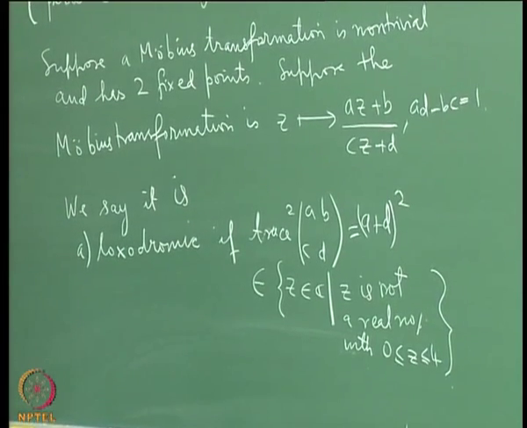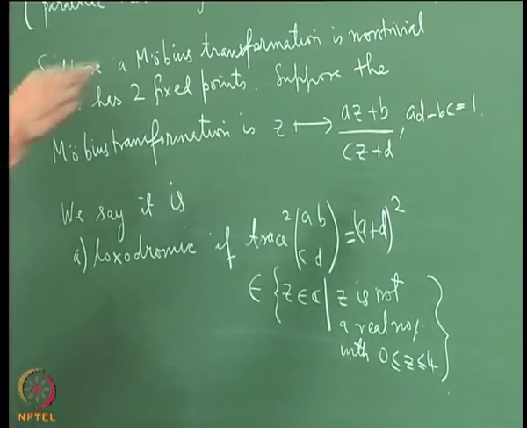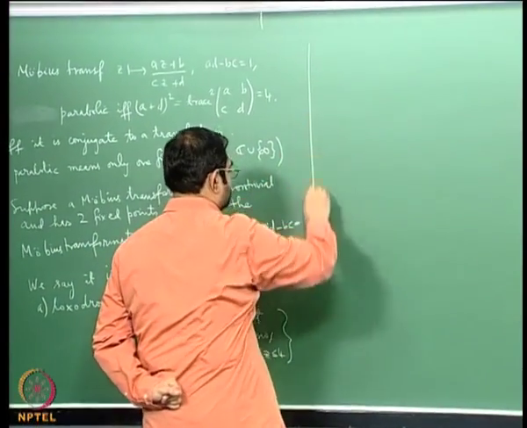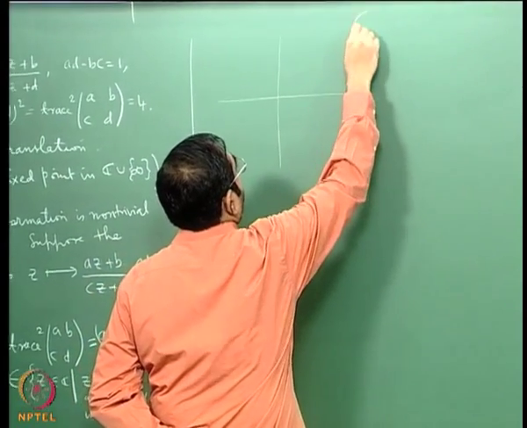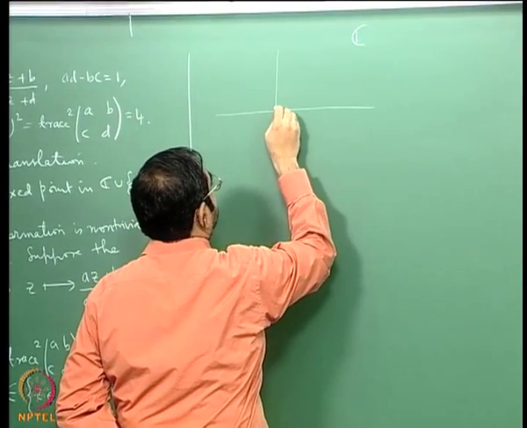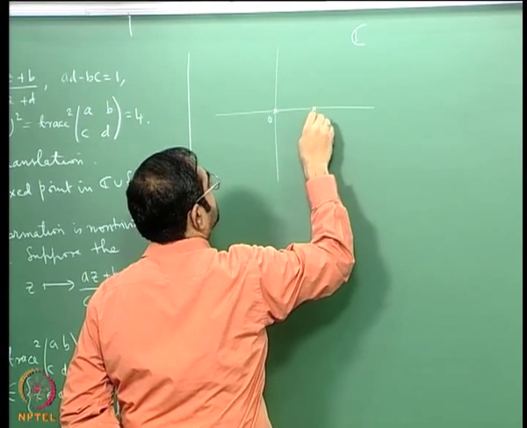So this is the condition. If I try to draw a diagram, I have the whole complex plane, and then I have this line segment from 0 to 4.